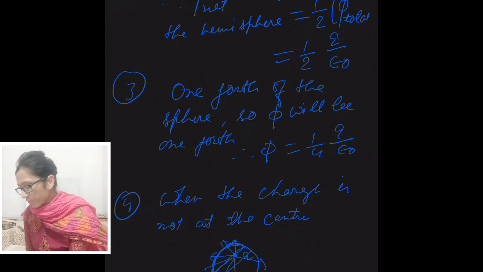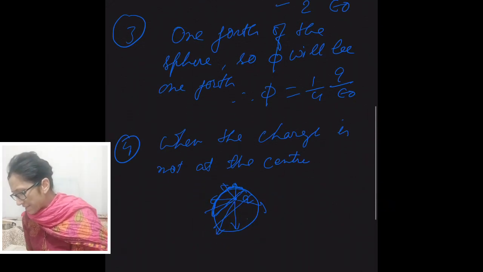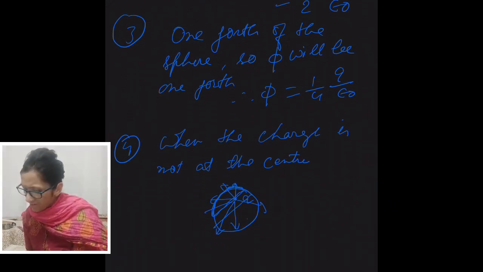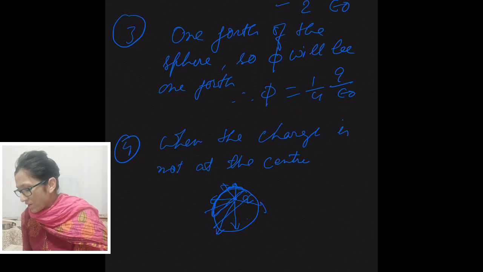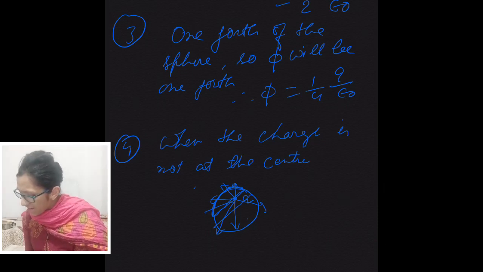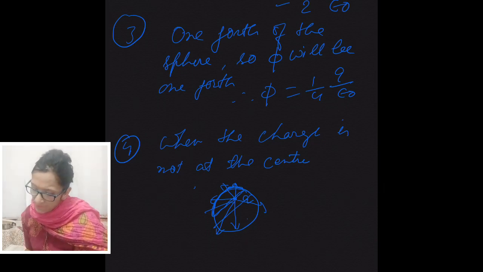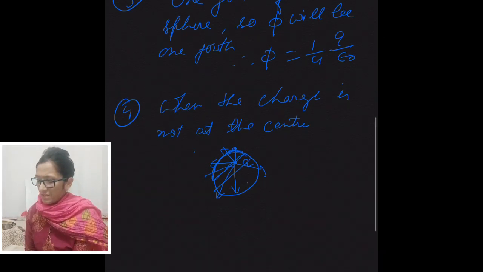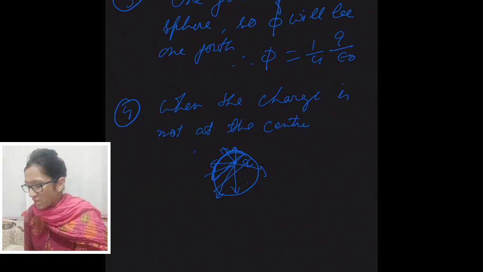So if the charge is not exactly at the center, then the case differs, and depending on what surface area is given to you, you can find out that half of the flux lines pass through this small surface area, and half pass through the rest of the surface area. So as per the question you will be applying.